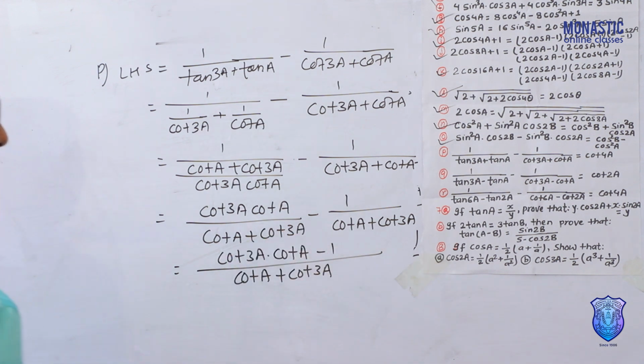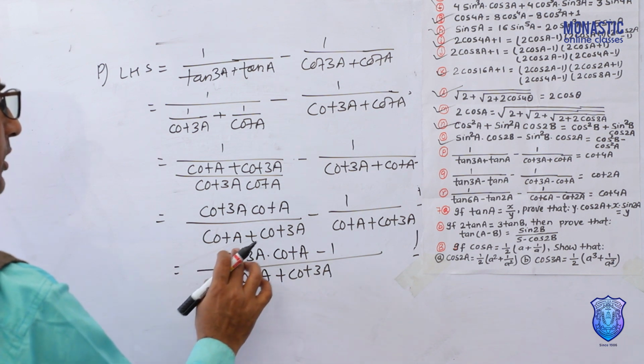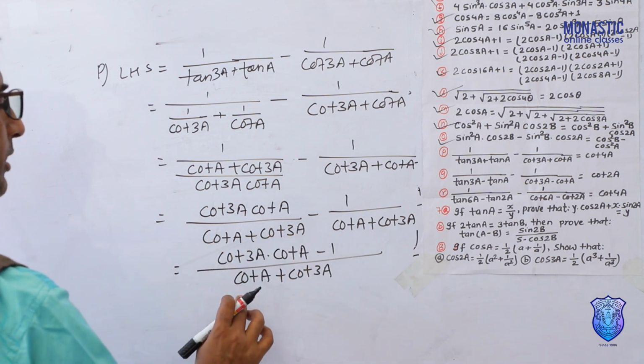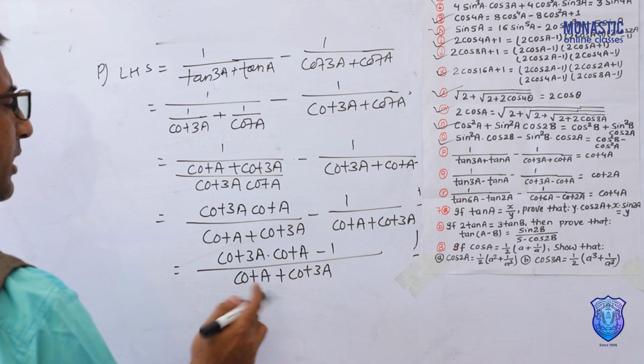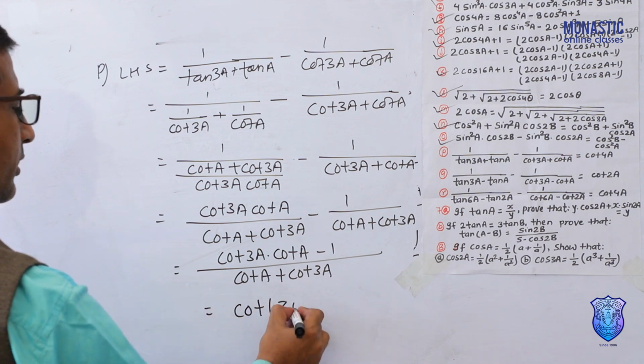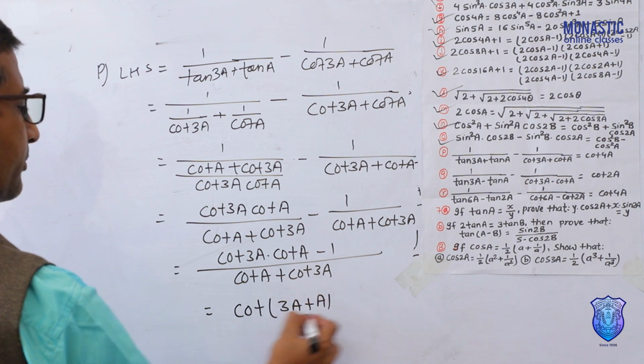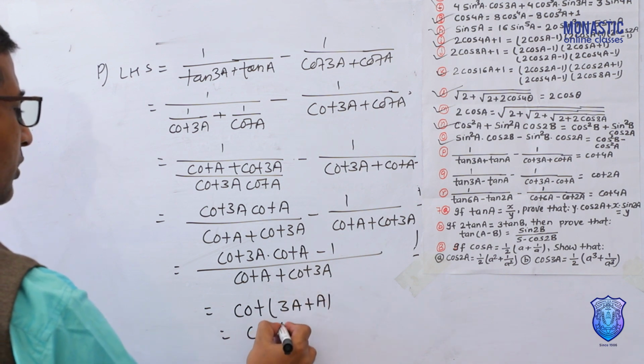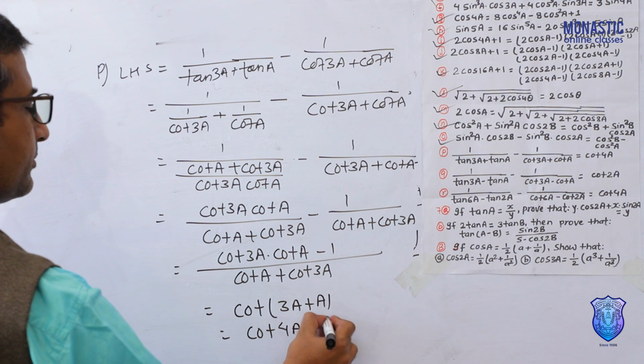Now that's the formula. Which formula we have? Cot a into cot b minus 1 by cot b plus cot a. That's the formula of cot a plus b, and it came cot 4a.